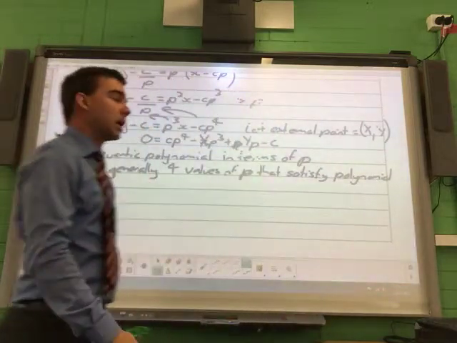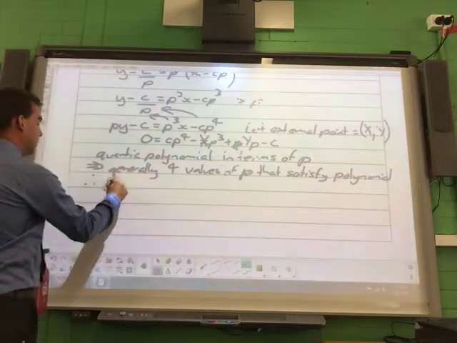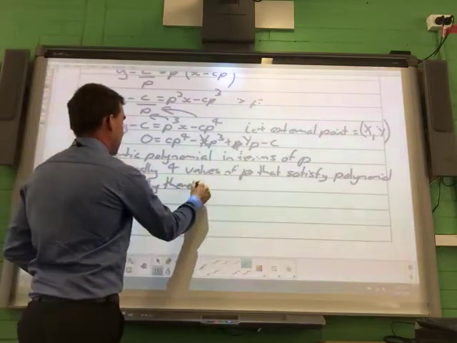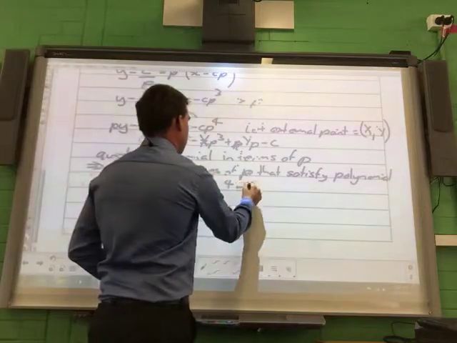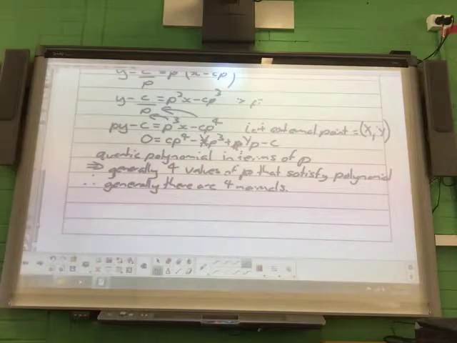Generally speaking, we need more information from the question itself to be able to do more. So therefore, generally, there are 4 normals to the hyperbola.